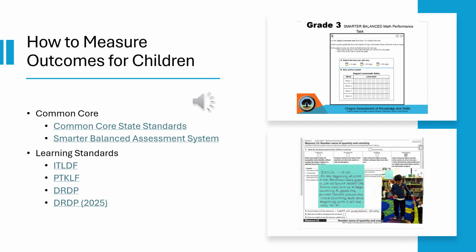So you're going to observe children and take notes and take pictures and take work samples, and then you're going to use that observational information to determine how well children are meeting these milestones or these learning foundations or these benchmarks. So I've given you the current DRDP, and then I also included a link to some changes that are coming related to the DRDP that are in process but aren't quite here yet.